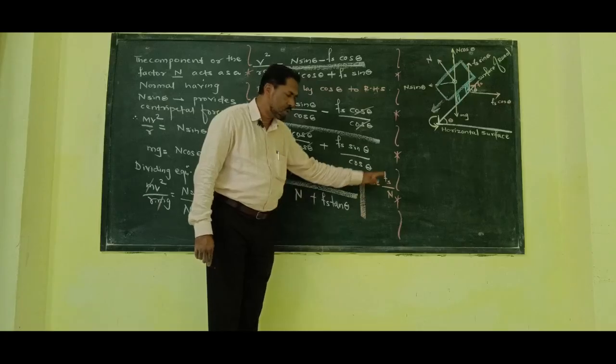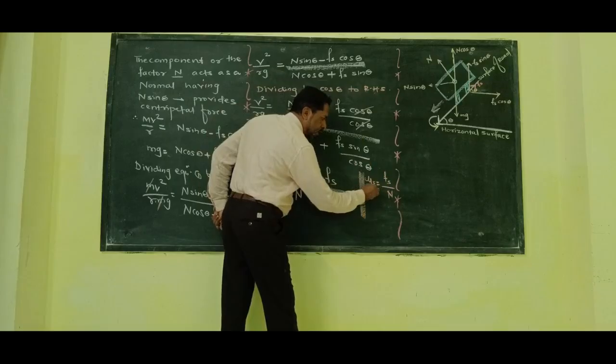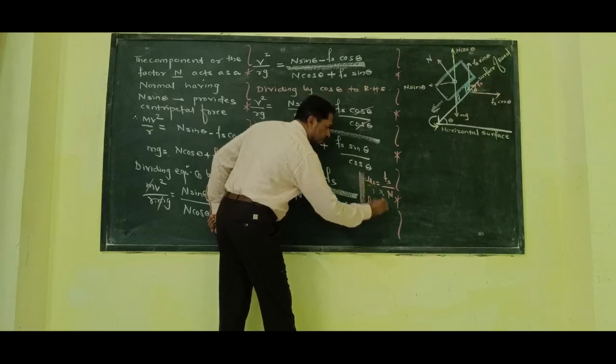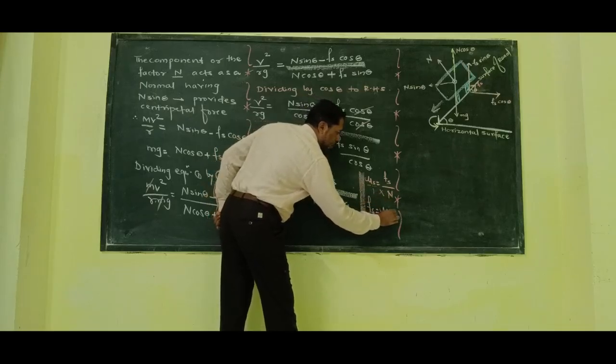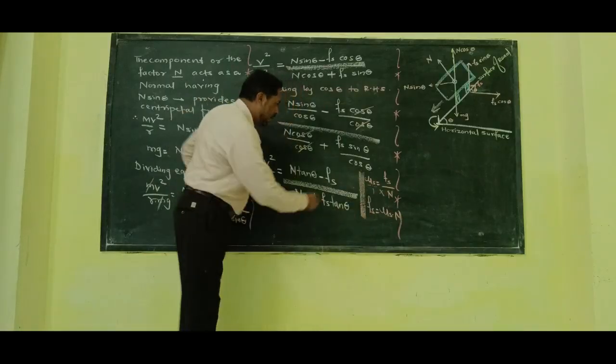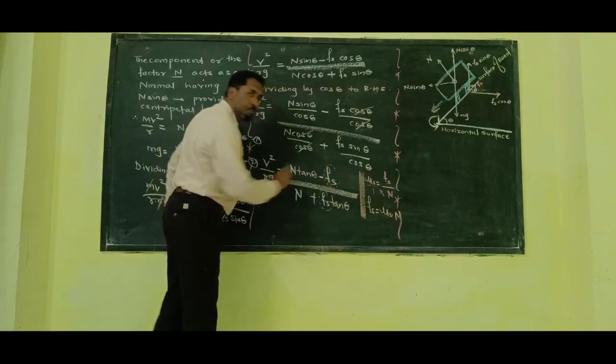That is mu s is equal to Fs upon N. This is the definition of the coefficient of static friction. Taking the cross product, we can write Fs is equal to mu s into N. In short, we get the value of Fs.